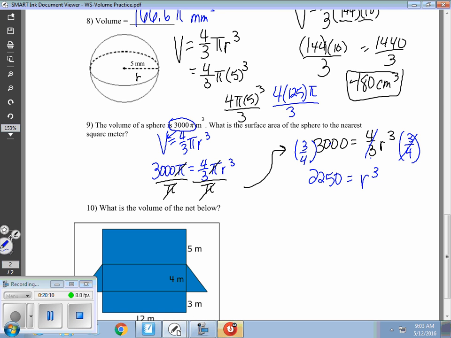Y'all with me on that? To get just the radius, instead of taking the square root, we're going to take the cube root.